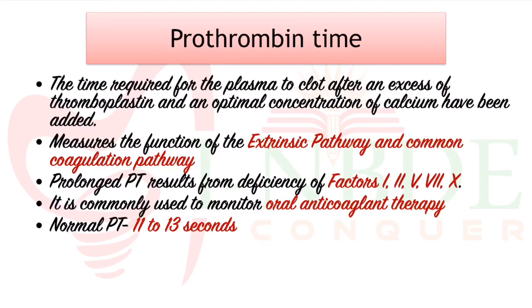The next is prothrombin time. This is the time required for the plasma to clot after an excess of thromboplastin and an optimum concentration of calcium are added to it. It is basically concerned with the extrinsic pathway and the common pathway, as we have already learned.